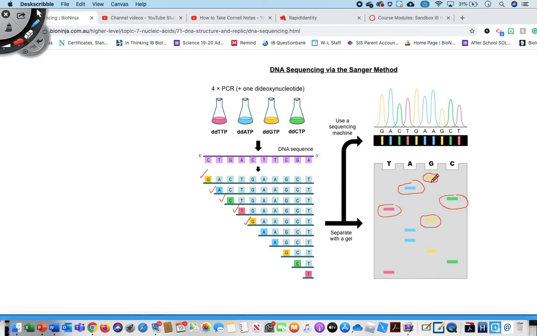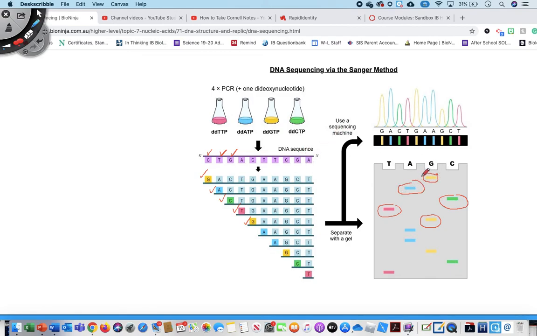So I know that if the first fragment that I read is G here, it corresponds to a C. And if this fragment is A, it corresponds to a T. And if this fragment is C, it corresponds to a G, and so on and so on. So then I end up with my whole DNA sequence that I'm able to read.